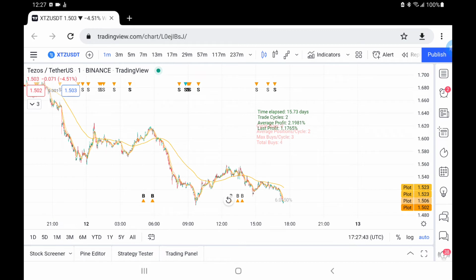XTZ is another slow coin, 2 positions per average, but still not bad. Not really something you want to turn down if you're looking for volatility as the driving indicator for your coin choices.